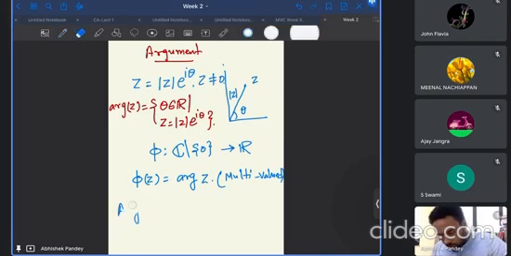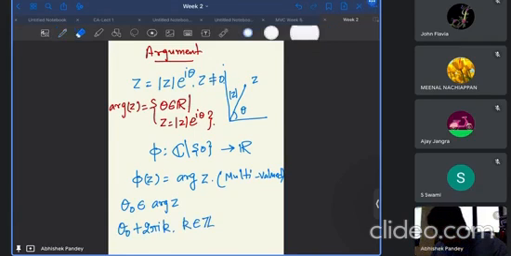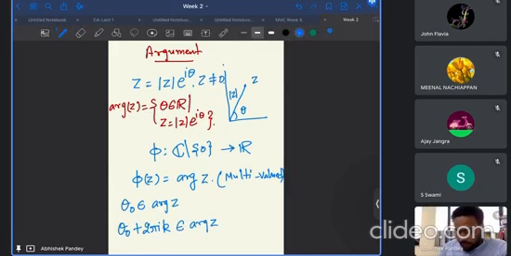One thing we need to observe. If any theta naught belongs to argument of Z, then theta naught plus 2 pi k, such that k belongs to Z, also belongs to argument of Z. Basically these two differ by a multiple of 2 pi, isn't it?